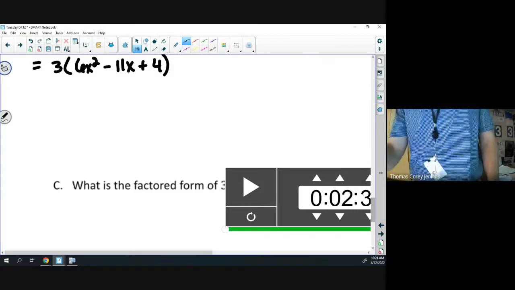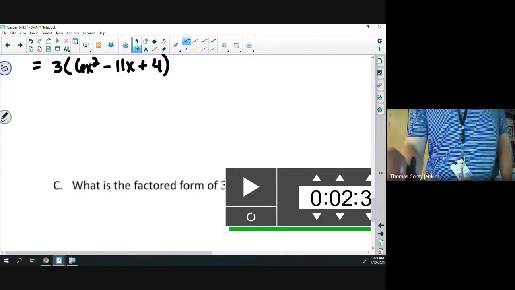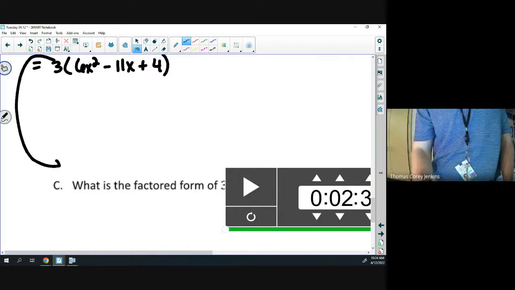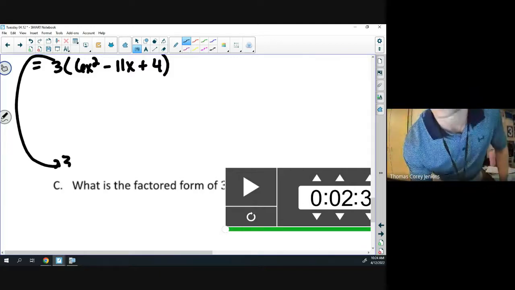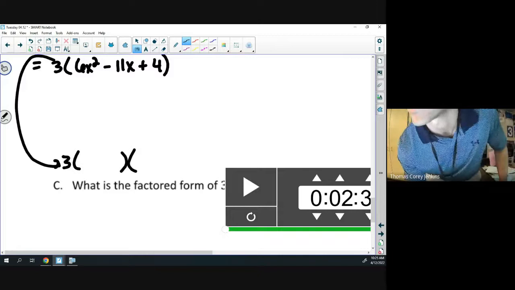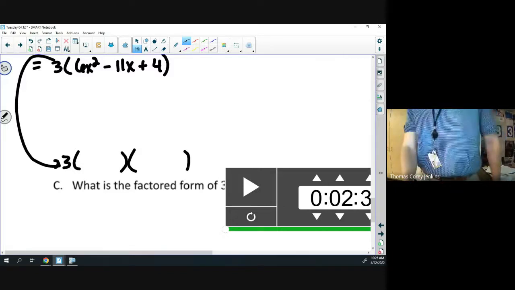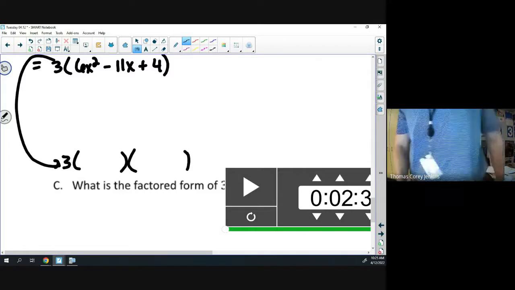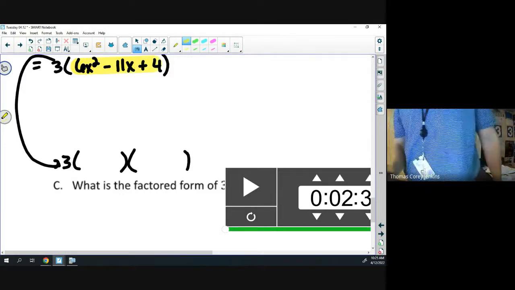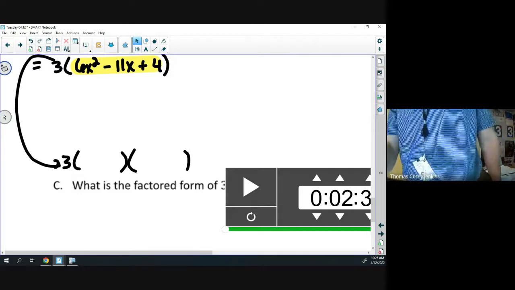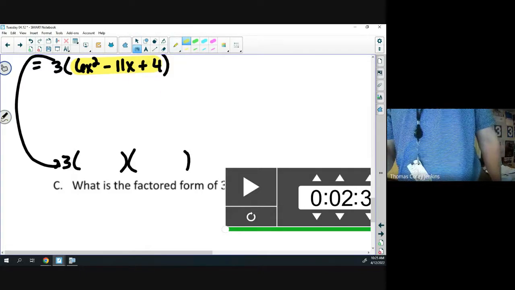So I'm going to make an arrow down to where I'm going to put my final answer and just put that 3. So we're going to have 3 times some binomial times some other binomial. That's how our answer is going to look at the end. Easy to forget the 3. All right, but now we're just going to pretty much ignore that 3 and focus on what's in the parentheses. We're going to treat it just like the ones we did yesterday.